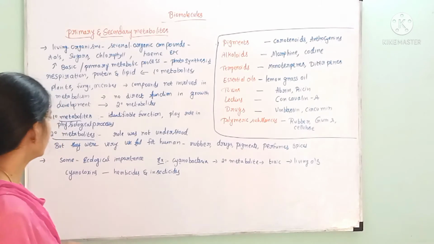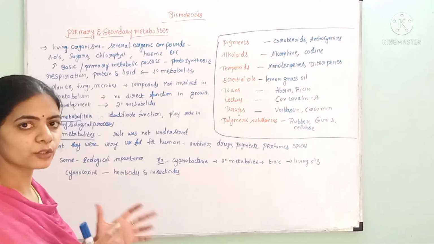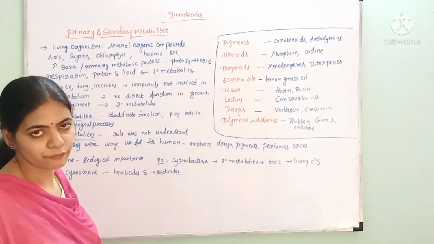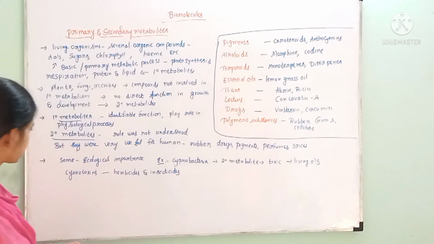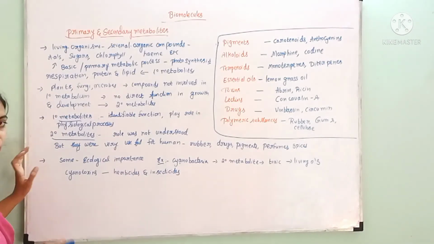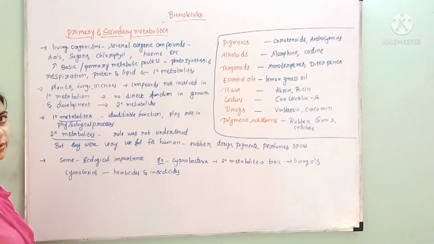Primary metabolites play an identifiable or known role in the direct physiological processes of living organisms, whereas secondary metabolites also play a role, but that role is not understood.